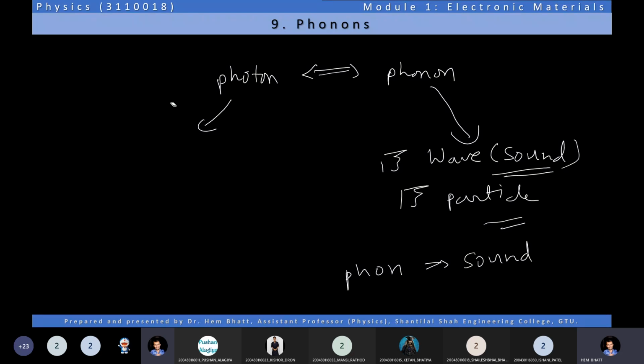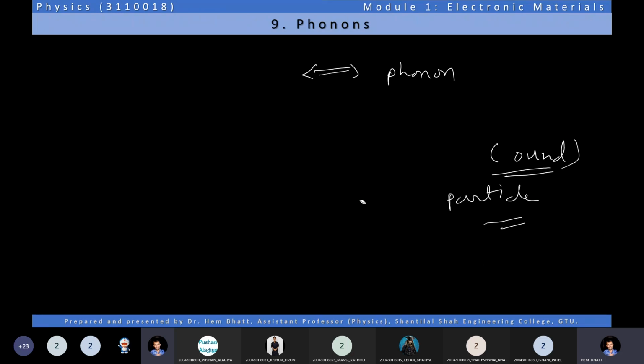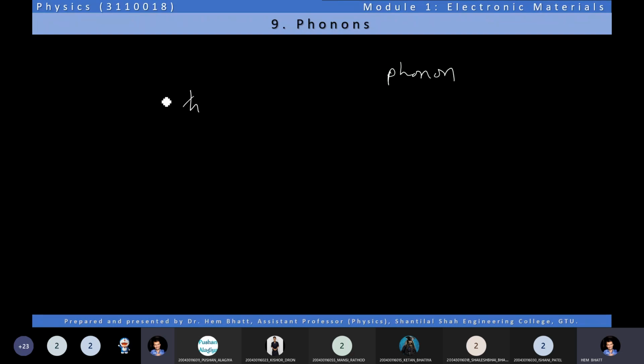Now what is the difference between acoustic phonon and optical phonon? Let me explain. Energy of phonon can be given as h cut omega or hf, and momentum can be given as h cut k.